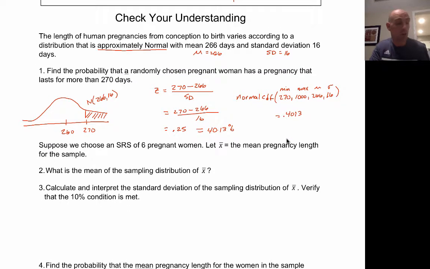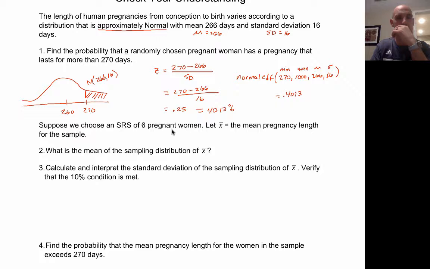So what we've just done is tie together the sampling distribution with the actual piece of data. We are going to choose an SRS of 6 pregnant women, and we're going to find the mean pregnancy length for the sample. What does that mean? Well, that's the beauty of this, right?